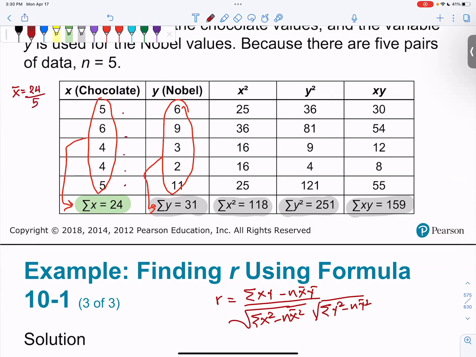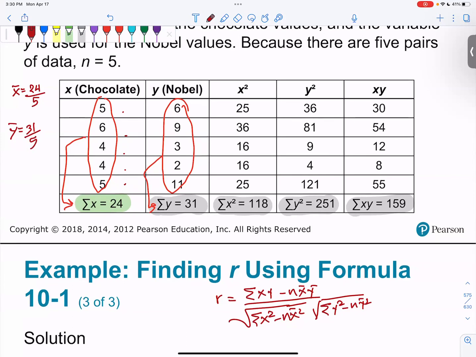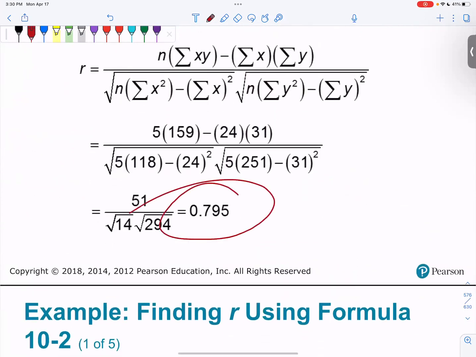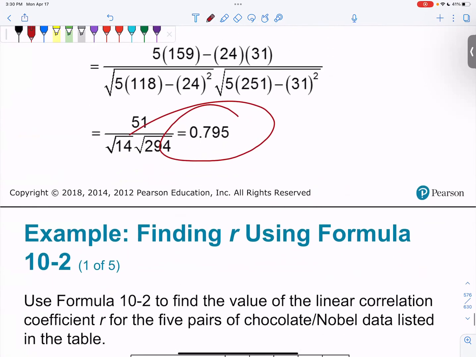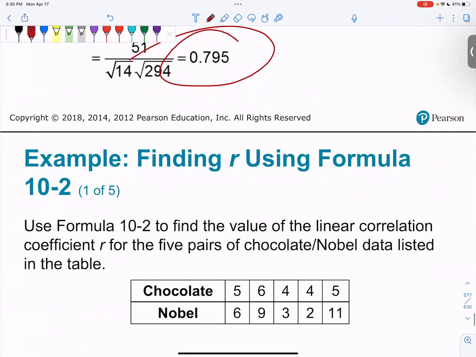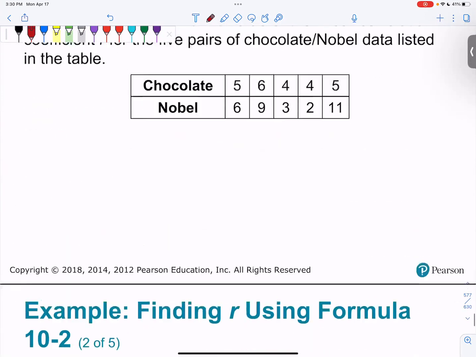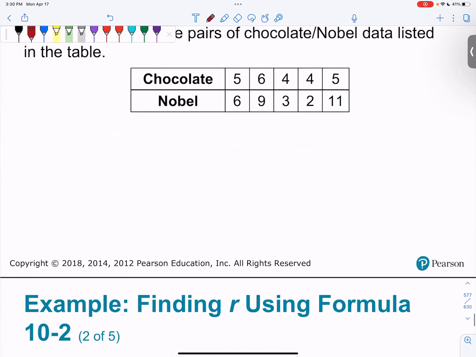You can find this value, and Y bar equal to 31 divided by 5. Okay. And you can calculate this, you will find that value of correlation equal to 0.795. Okay, so this is how to calculate the correlation manually.